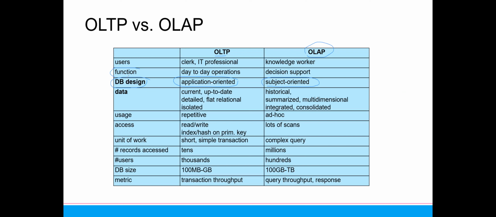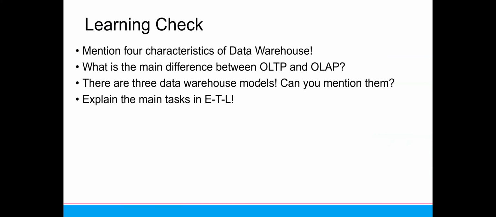And then the function is more about the day-to-day operation for OLTP, and OLAP is decision support. And for the data, it is current or up-to-date data, but OLAP is more about historical data or summarized data. That's the main difference. You can explain with other characteristics.